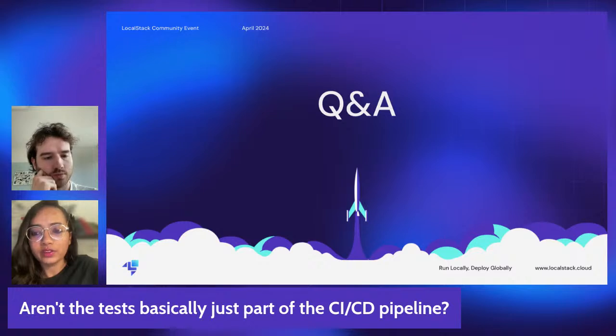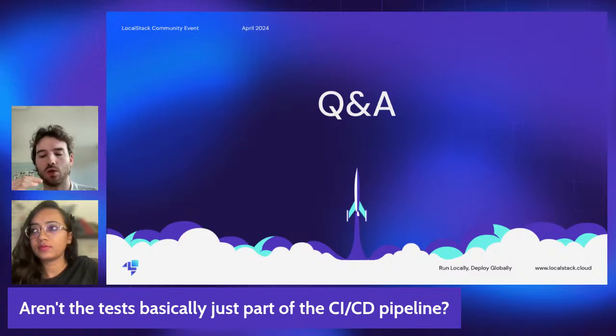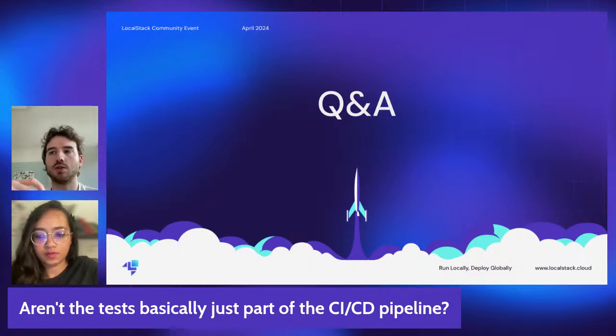Cool. So aren't the tests basically just part of the CI/CD pipeline? In our case, we are reusing the same test suite for the CI pipeline as we do locally. So we can run the tests either locally against LocalStack or in the CI pipeline against LocalStack.